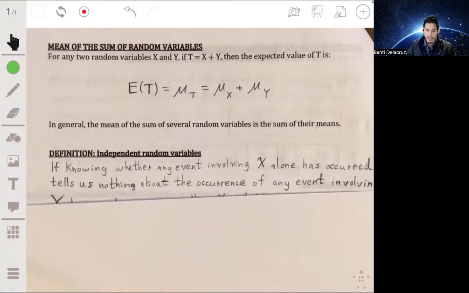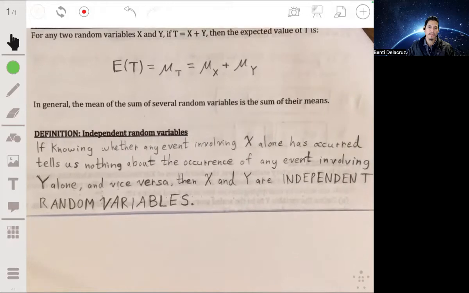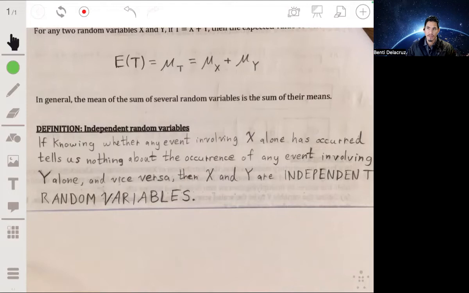Now, in this course, when you're dealing with probability problems involving random variables, you're going to need to make sure that the variables are independent.